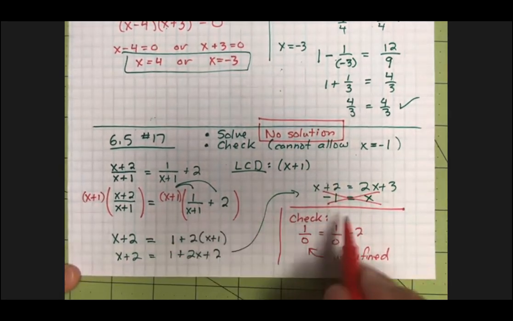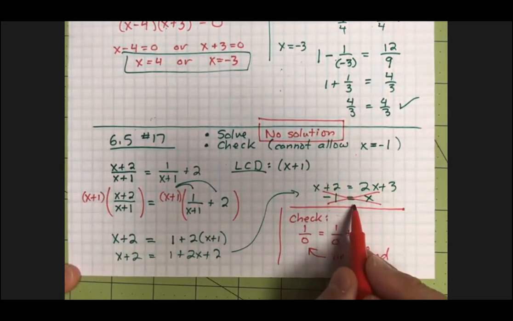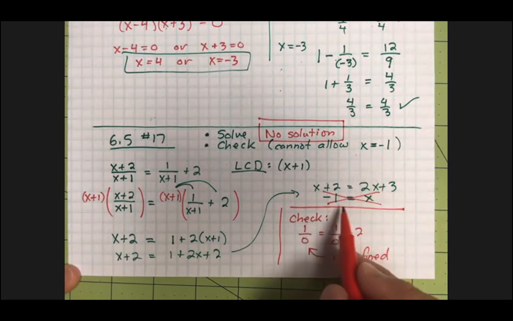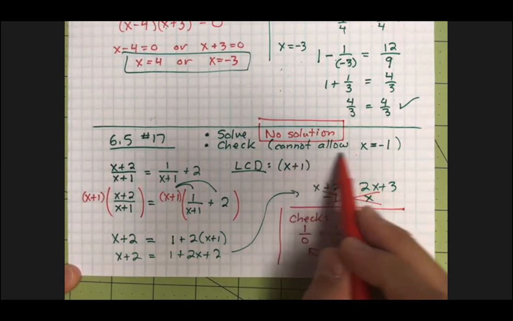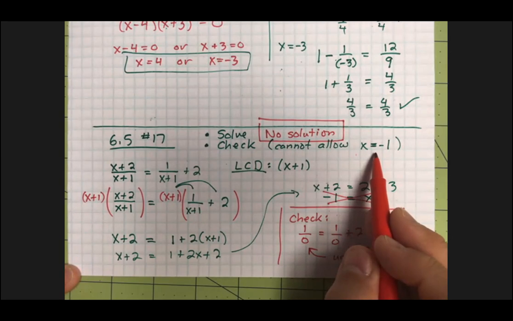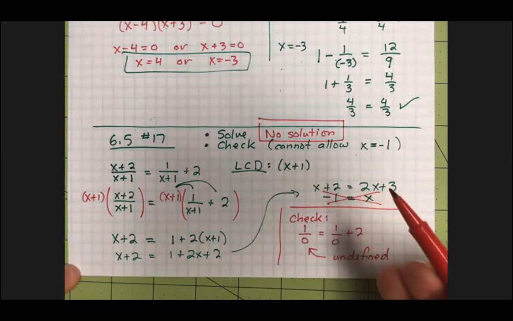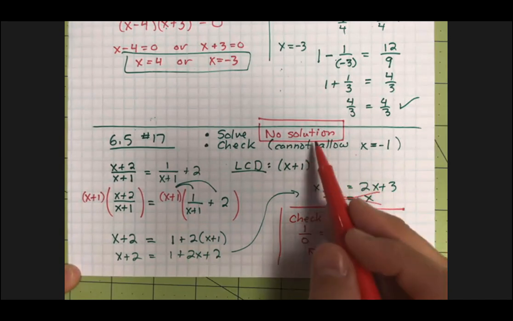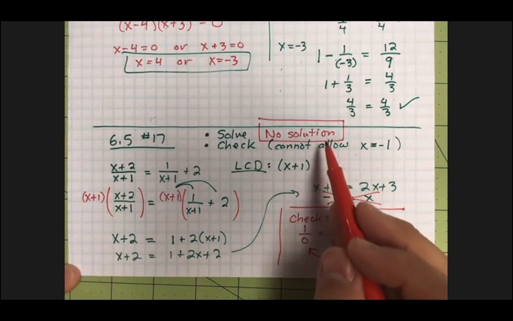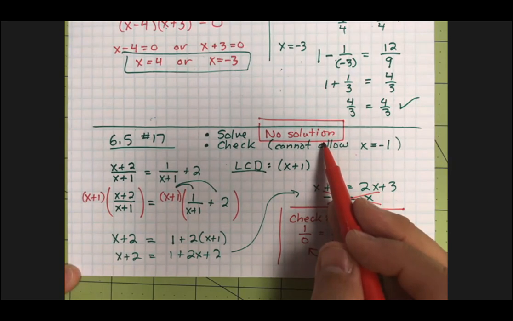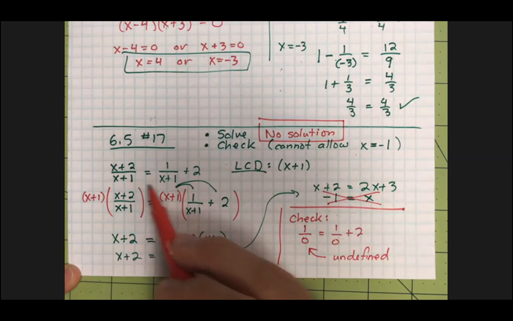Think about it this way. You only had one shot and it wasn't legal. You only had one shot and you can't use it. Well, that means you're out of bullets. You've got nothing left. There is no answer. This doesn't happen every day, but it just happens once in a while. Make sure you check your denominators.